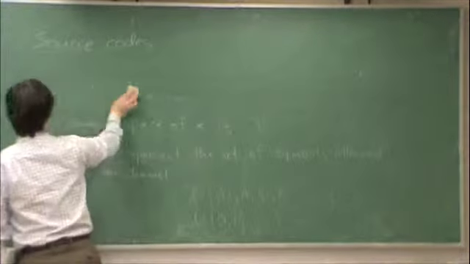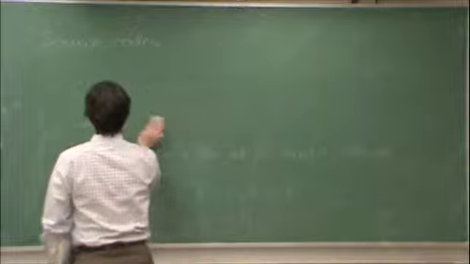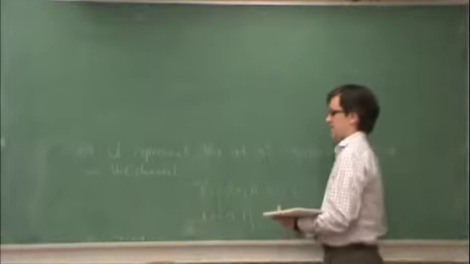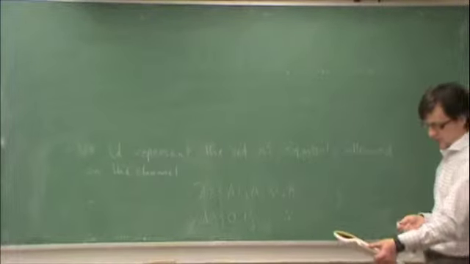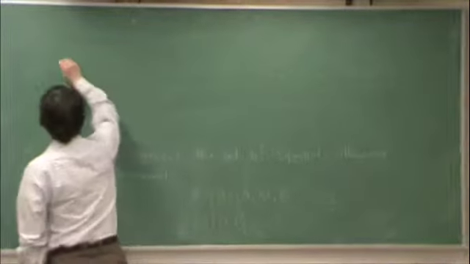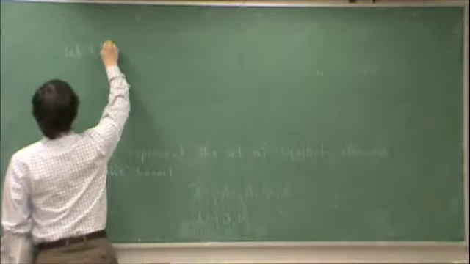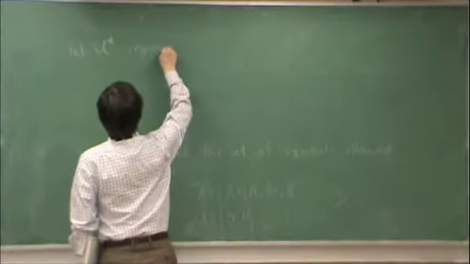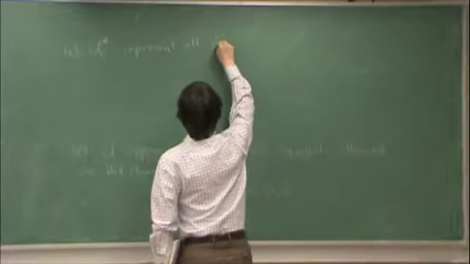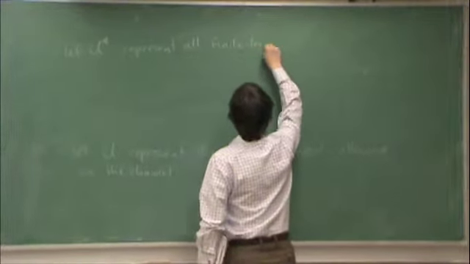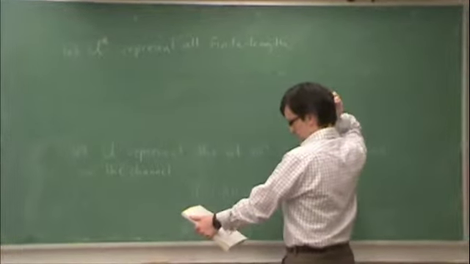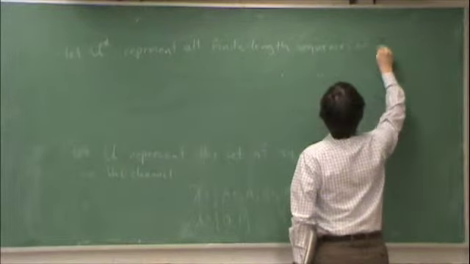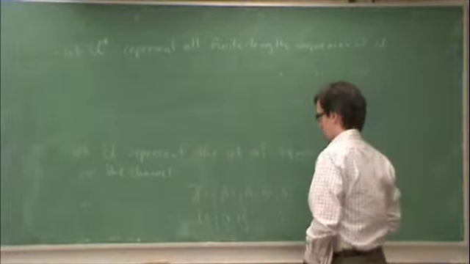In particular, being a little more formal, we have U as the set of all possible symbols allowed on the channel, and we will let U star represent all finite length sequences in U. What do I mean by that?